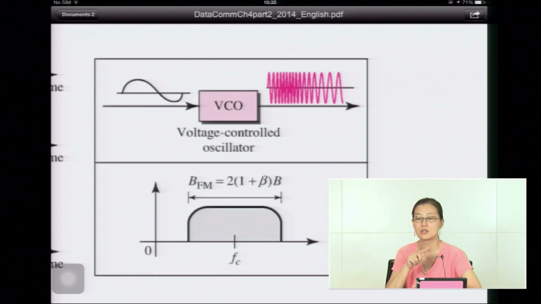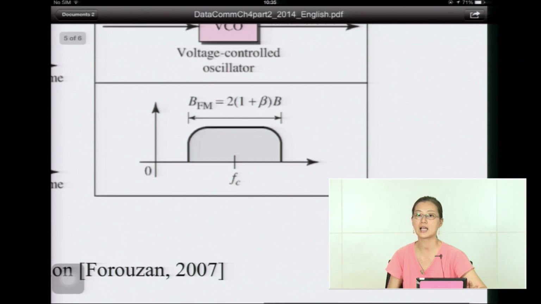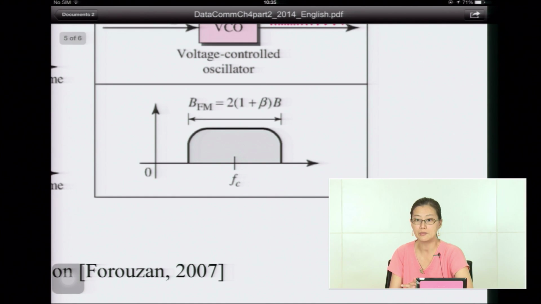So if the amplitude of the input signal is low, the frequency coming out of the VCO is also low. If the amplitude of the baseband signal coming in is high, then the output is also high frequency, okay, and you can see that the output signal has a constant amplitude, changing only the frequency of the signal, okay.